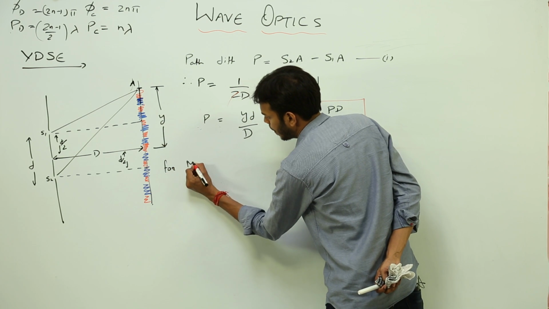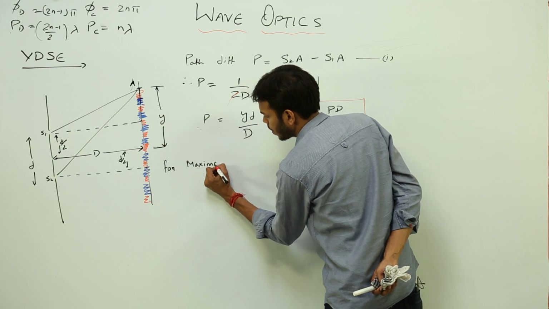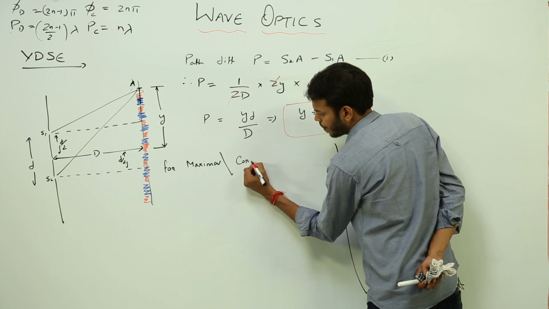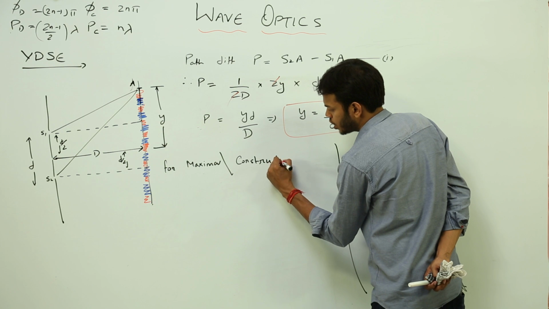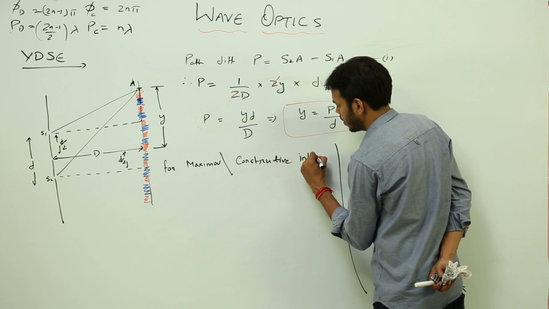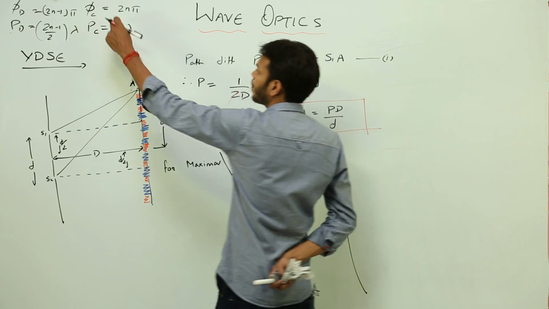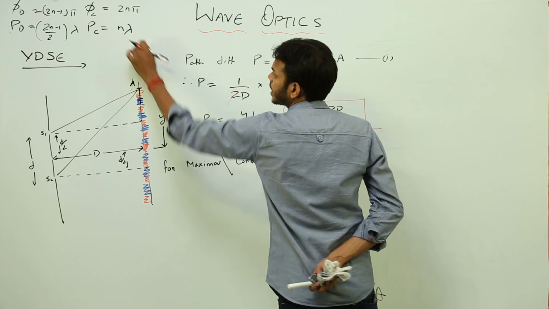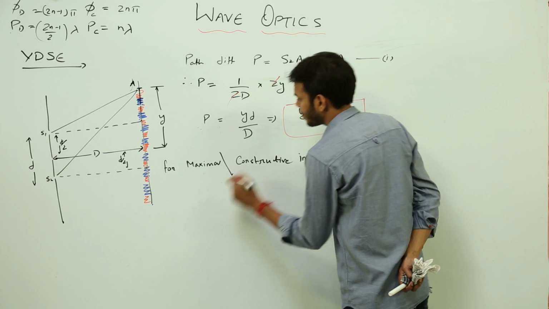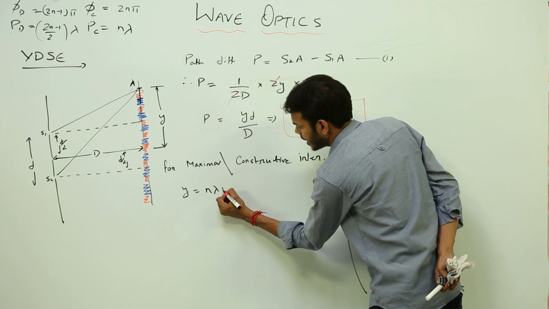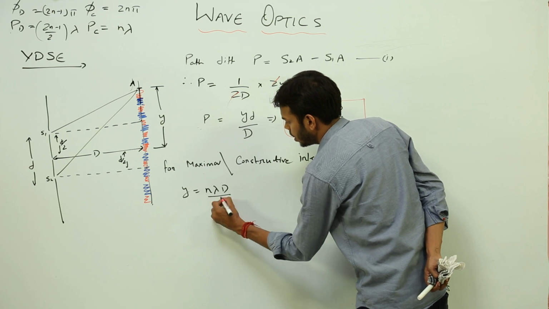For maxima, or constructive interference, p is equal to n lambda. So y becomes n lambda capital D upon small d.